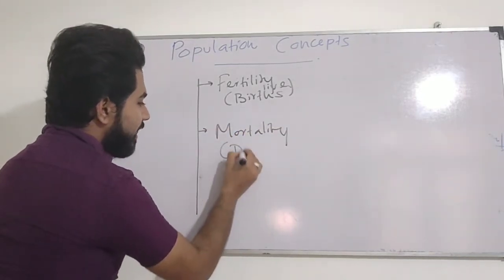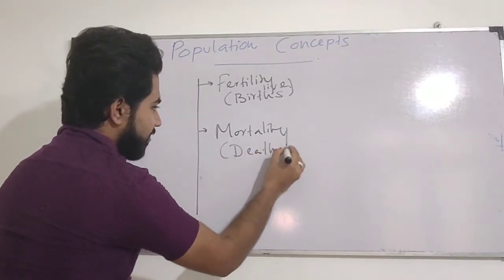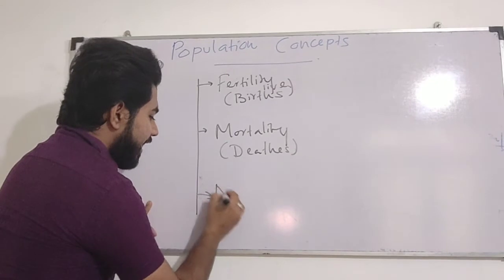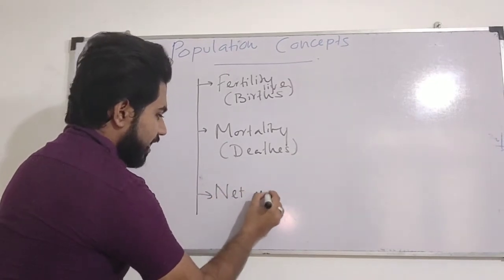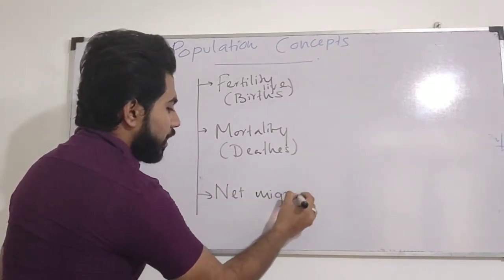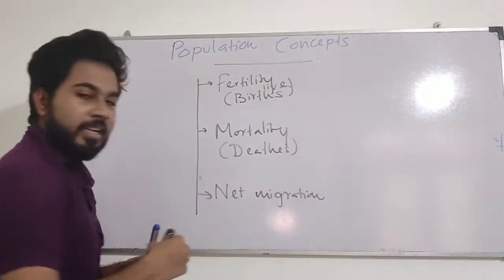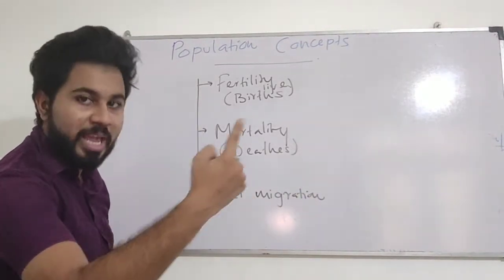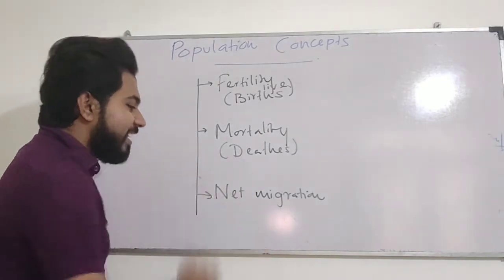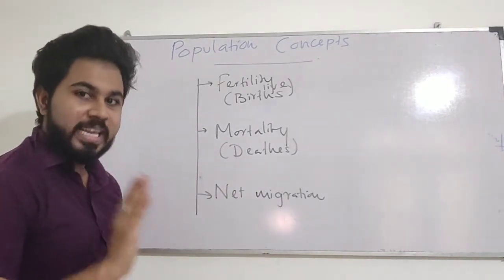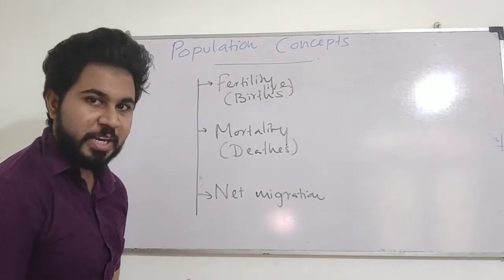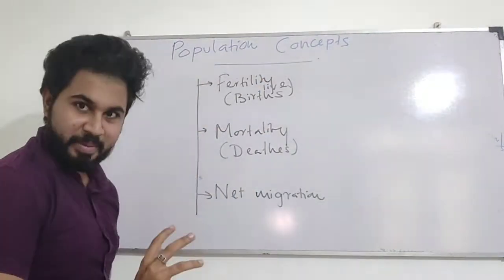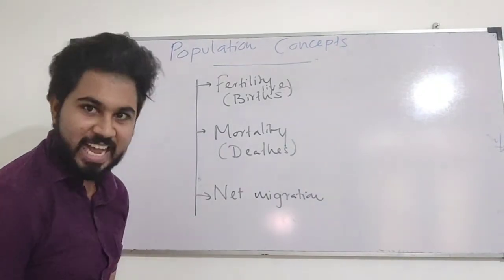Mortality means deaths. And what is the third one? Yes, that is net migration. That means immigration and emigration. The gap between immigration and emigration is known as net migration. So as we learned earlier in the last video, these are the 3 main determinants of the population size.